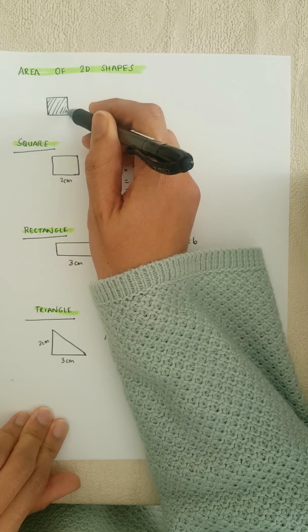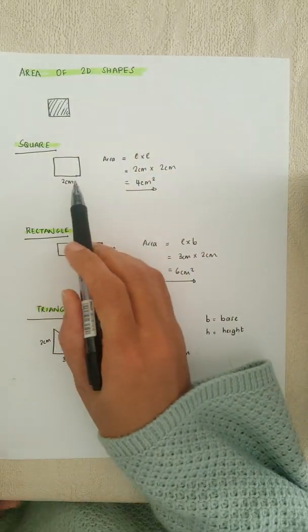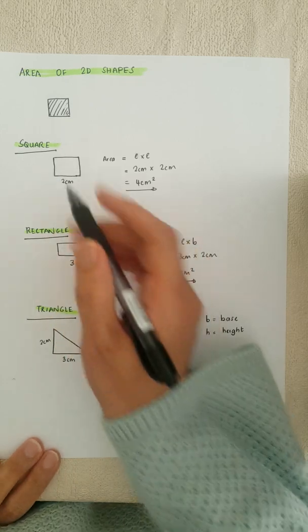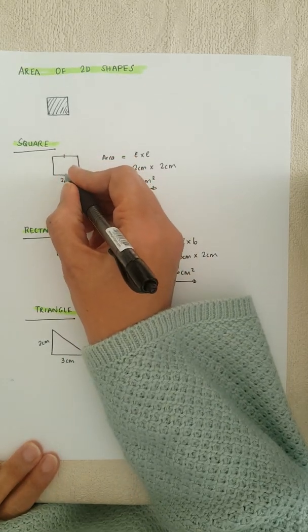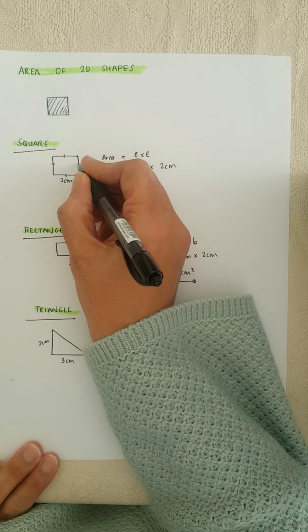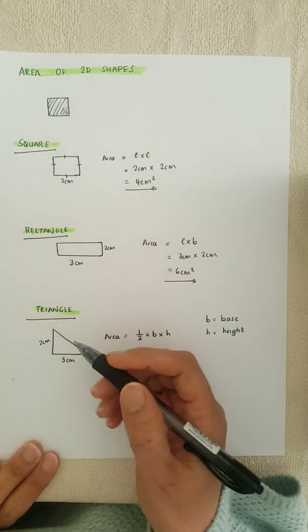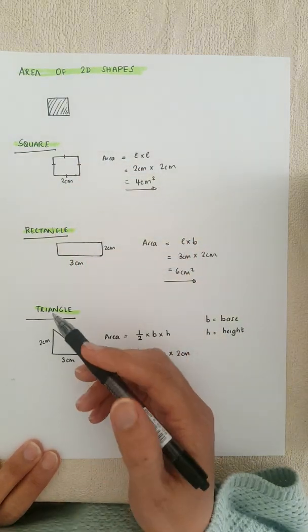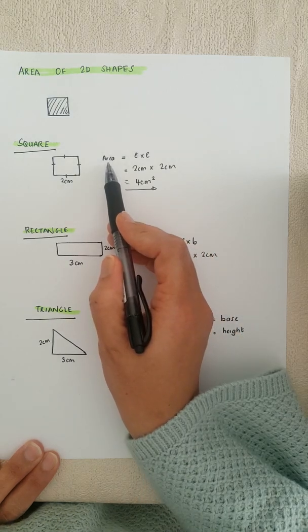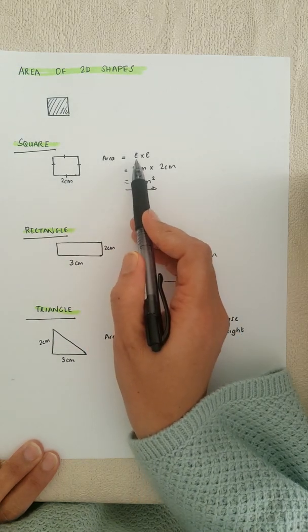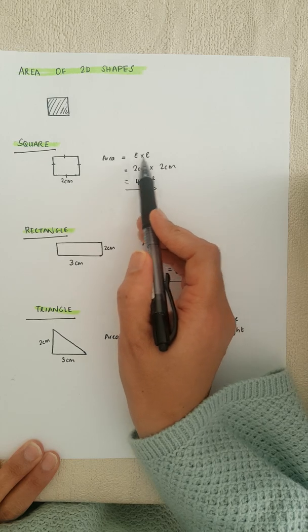Okay, so when we have a square, we know that all four sides are equal, and you're going to see a line like that showing that all four sides are matching, and all four sides are 2 centimeters. So when we want to calculate the area of the square, we're going to say length times the length. We have to learn this formula.